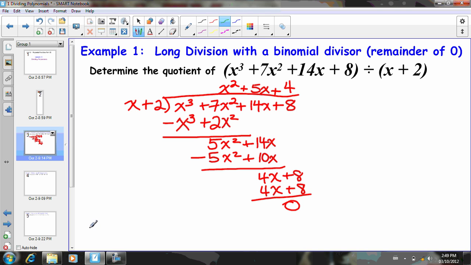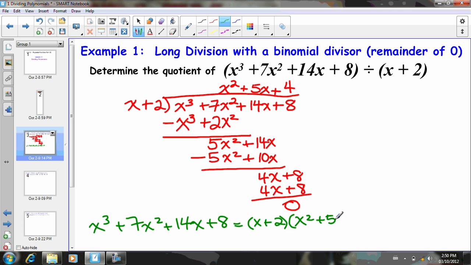So now you know that x cubed plus 7x squared plus 14x plus 8 equals, it's got to equal the binomial that you've divided into multiplied by the quotient. So the divisor multiplied by the quotient.